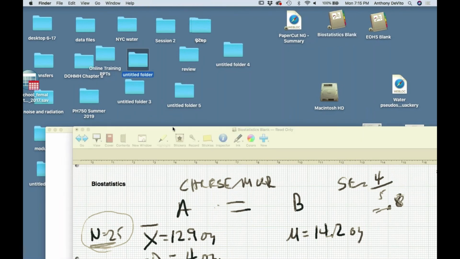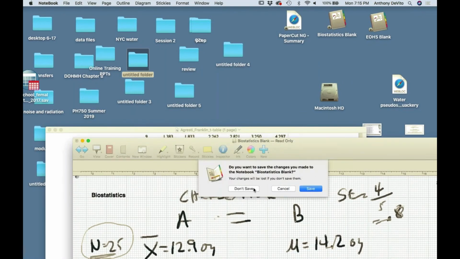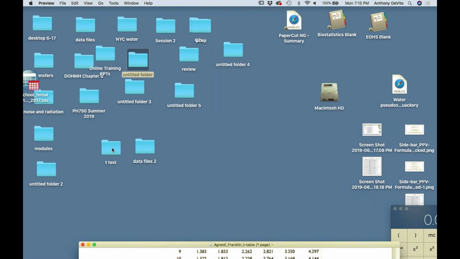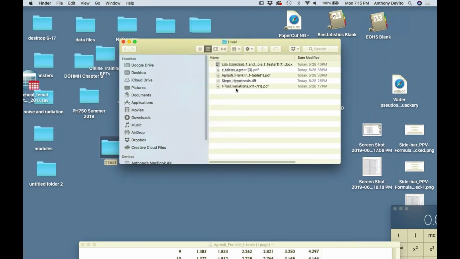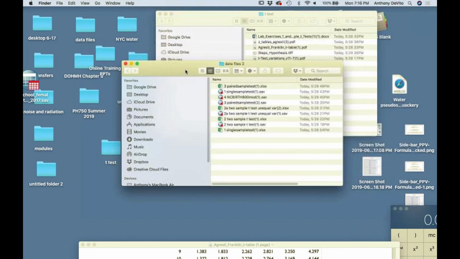If I can find it. Okay, let me close this. And let me get this out of the way. Yeah, let me use this. Oh, got the wrong file. Okay, I'm going to open up this.